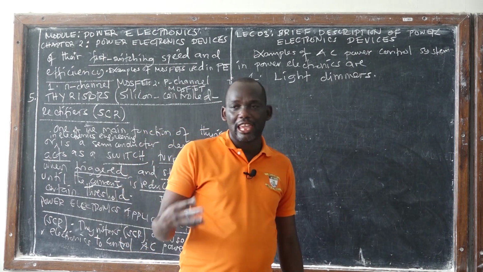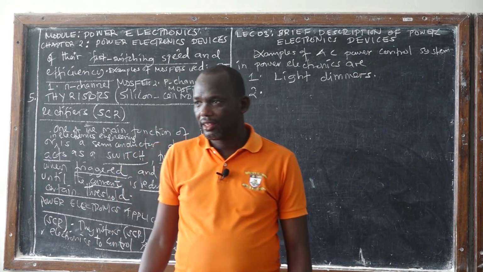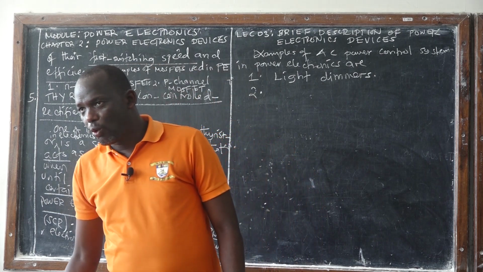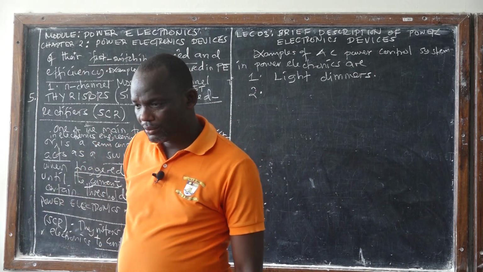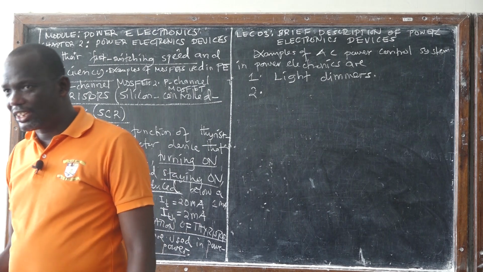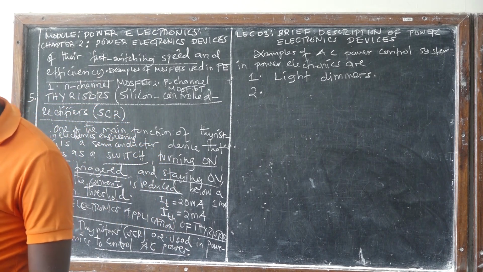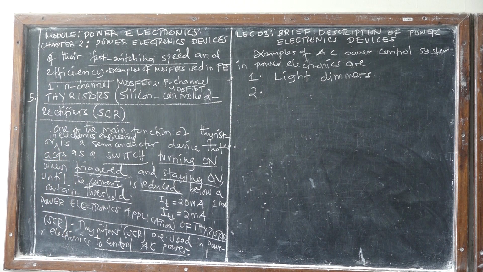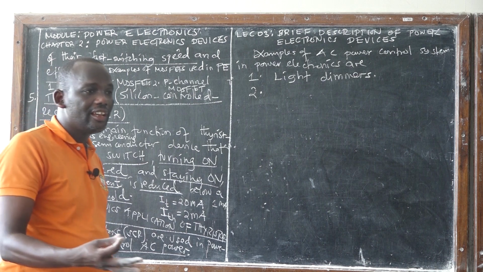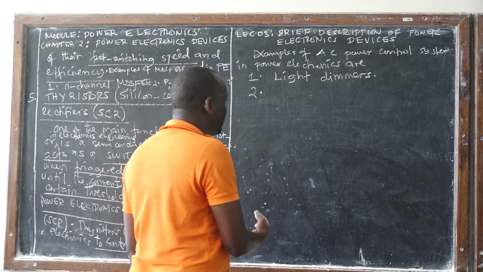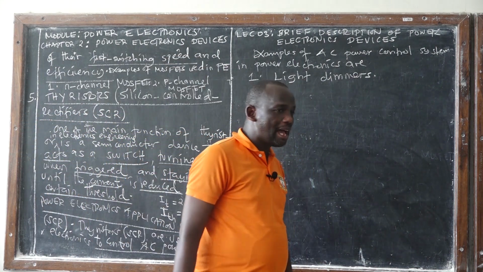What is the meaning of dimmer? What is the origin of the word dimmer? It comes from the word dim. What is the meaning of the word dim in Swahili? Kufifia in Swahili. So light dimmer means what?